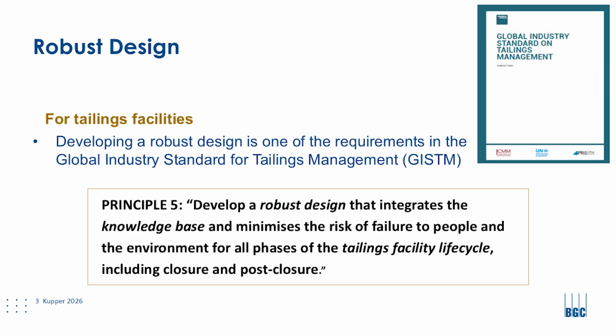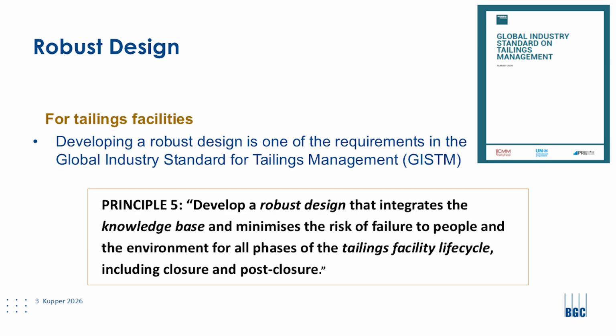For those of us working in tailings, this has become a pretty common topic of conversation since the Global Industry Standard for Tailings Management, or GISTM, because developing a robust design is one of the requirements. So we put it there as Principle 5: develop a robust design that integrates the knowledge base, so everything you know, including case histories, to minimize the risk of failure to people and the environment in all phases of the project lifetime.